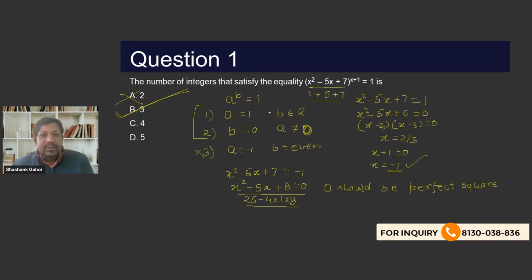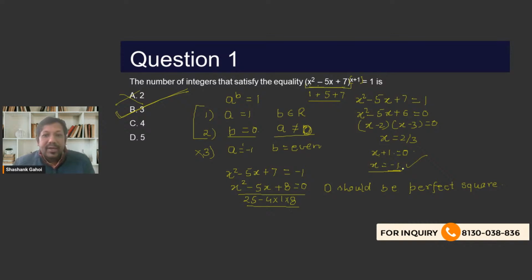Okay, so the second one is talking about: if B is 0, then A is not 0. B means power is 0, so x plus 1 is 0, which means x is equal to -1. In that case, the base should not be equal to 0.